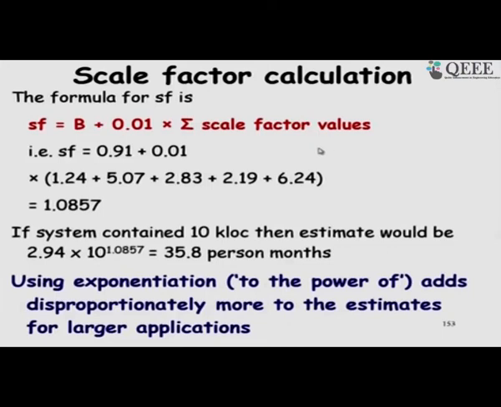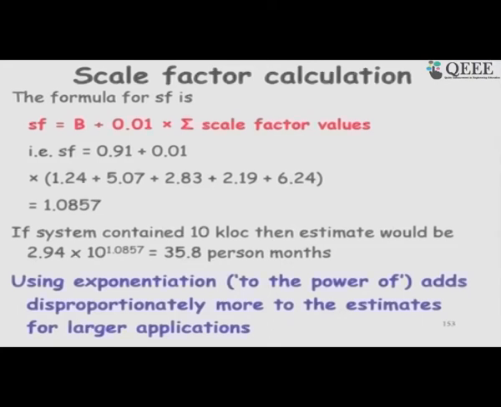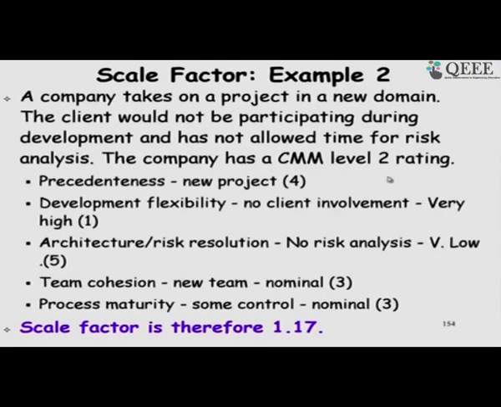So, here we have many more factors to consider in the post architecture phase, with similar expressions. There are some examples here. The company has a CMM level 2 rating and takes on a project in a new domain. The client has not participated during development and has not allowed for risk analysis.